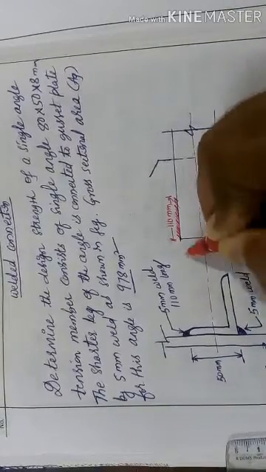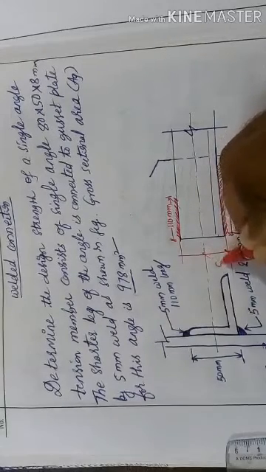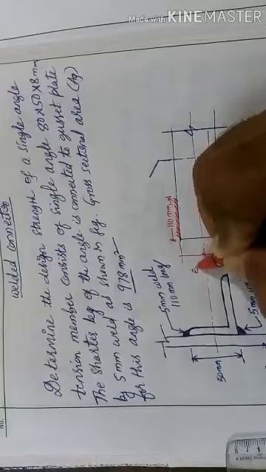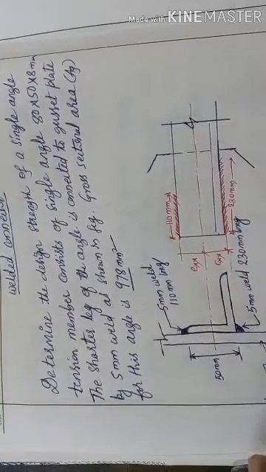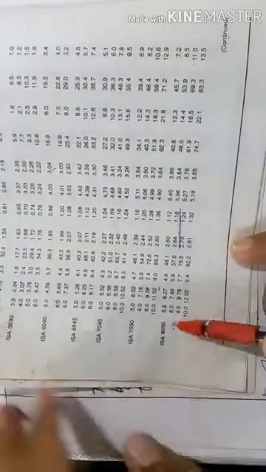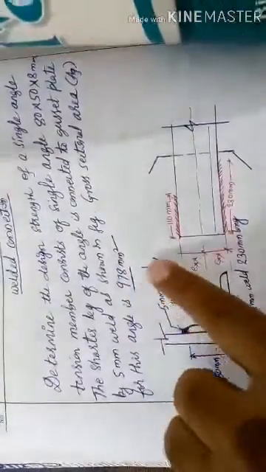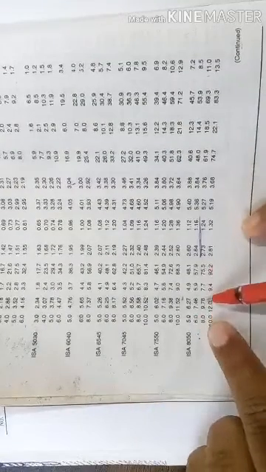This will be CXX and this will be EXX. So this CXX and EXX you have to get from the steel table. For the unequal angle I will show you here. This one is 80 by 50 by 8 mm. What is the area given here?